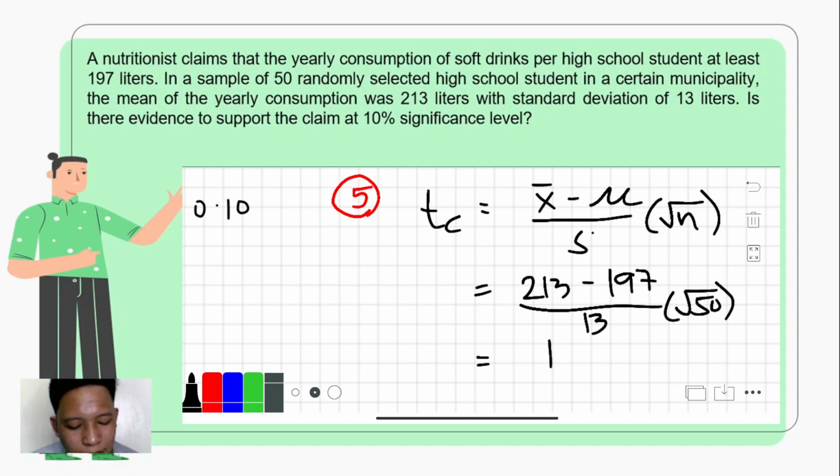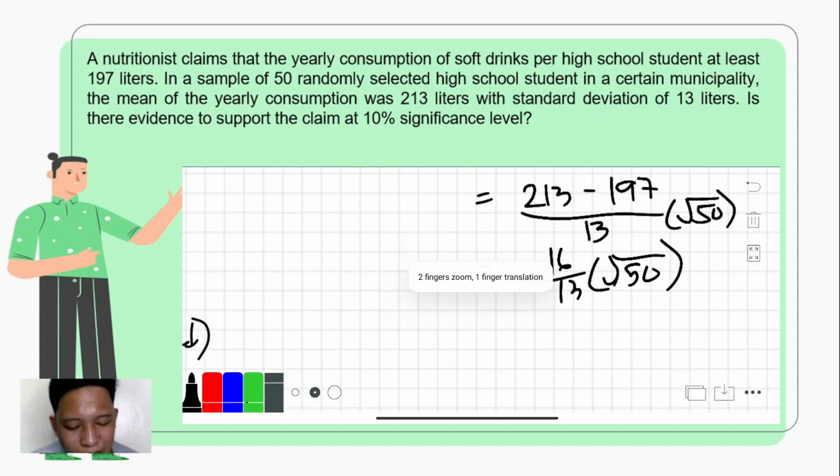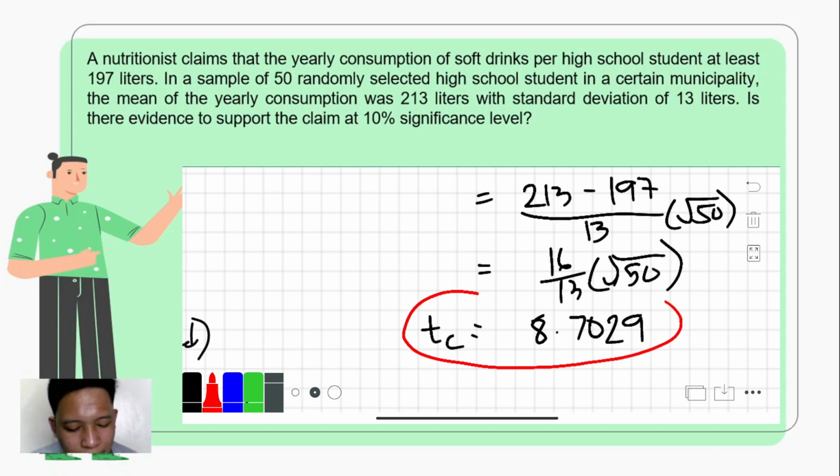Doing the math, we have 16 over 13 multiplied by the square root of 50. Our test statistic is equivalent to 8.7029.